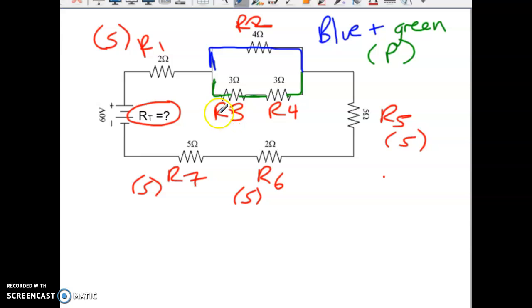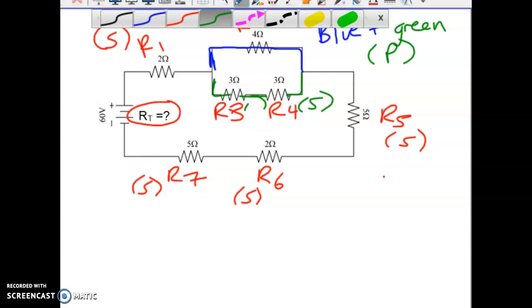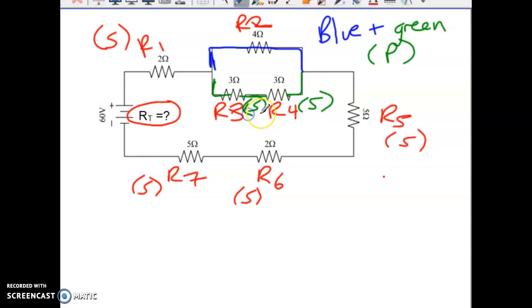However, R3 and R4 are in series together. This is like their own little mini series circuit. Okay, so we have 1, 5, 6, and 7 that are in the big series circuit.